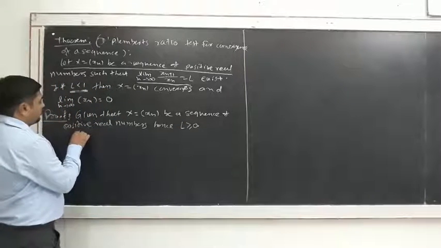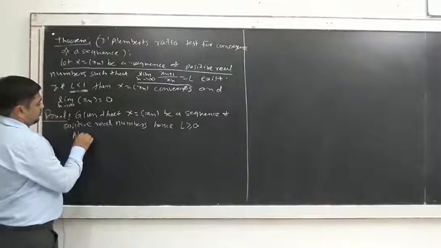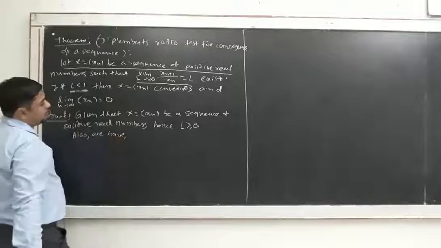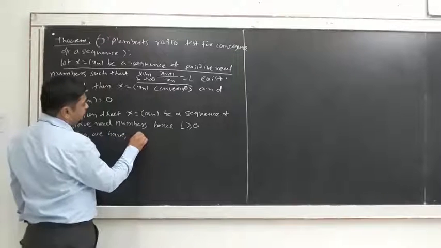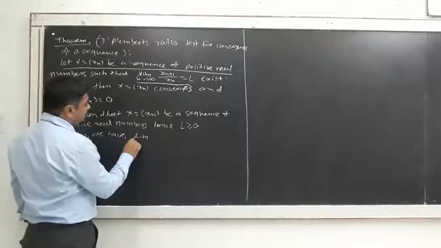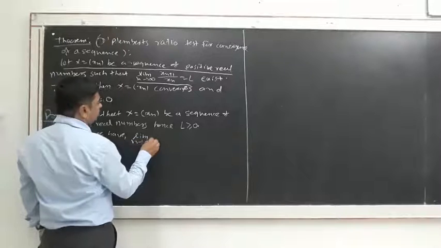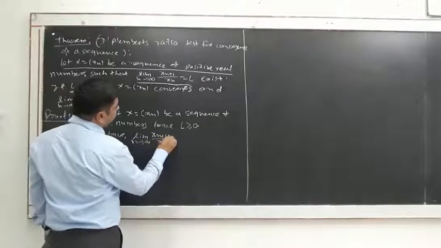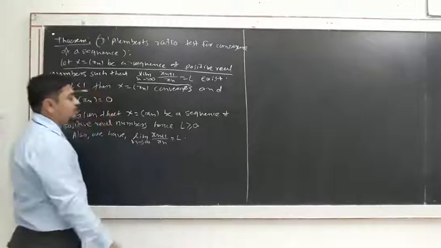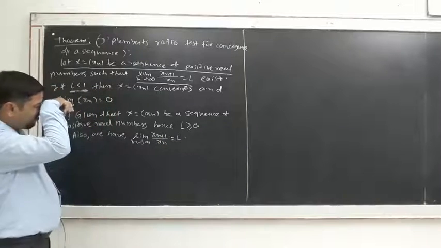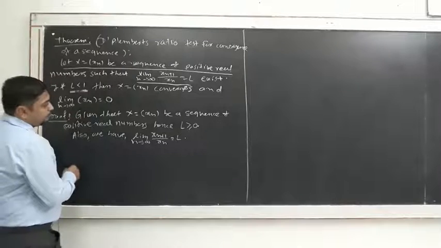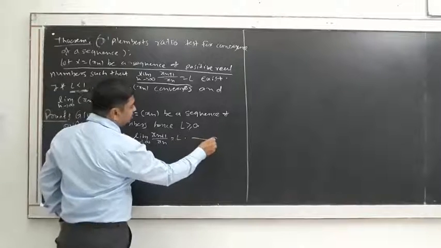Also we have the limit as n tends to infinity of xn+1 upon xn is equal to L. We are given this limit is equal to L. Say this is star.